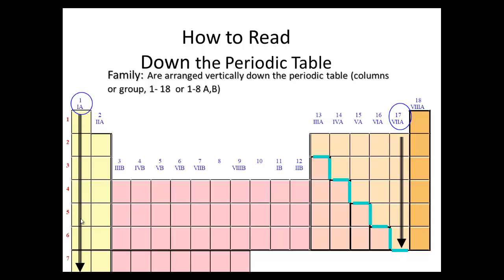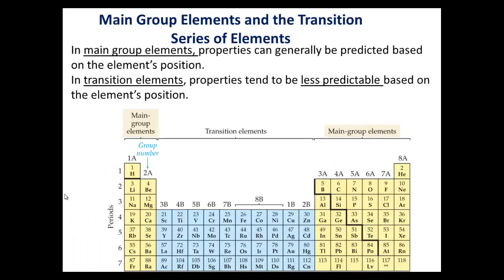So going down a column is more of a predictive factor to how an element is like than going across. So for example, you would expect lithium, right here Li is lithium, and you'd expect sodium, Na here, these 2 elements, you'd expect them to react very similarly, to have very similar properties compared rather than say lithium compared to beryllium here.